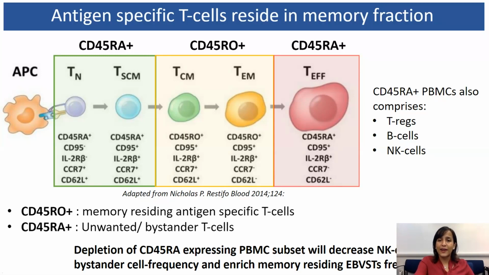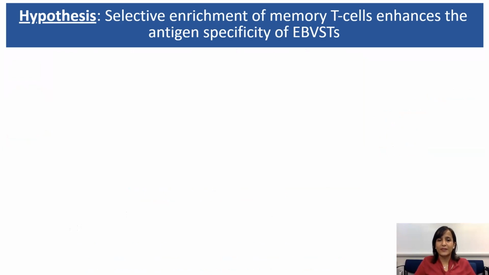So with this, we rationalized that if we were to deplete this CD45RA positive expressing PBMC subset, it will decrease our NK cell population and bystander cell frequency and enrich memory residing T cells, which will then result in enrichment of our memory residing EBV specific T cells. So with that, we hypothesized that selective enrichment of memory T cells will enhance the antigen specificity of our EBV specific T cells.